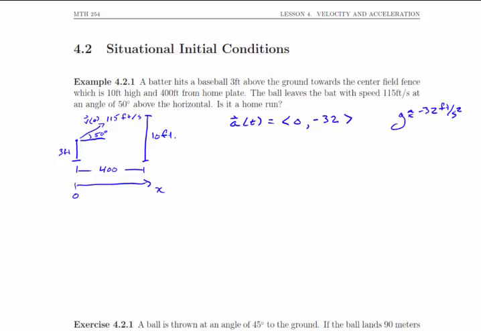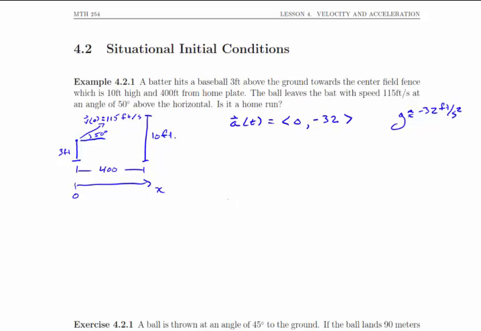But that's the only acceleration that's affecting the ball in the downward direction, and while it's not described in the problem, we should hopefully have some understanding at this point that that is a gravitational constant that we're going to use in a lot of these story problems. So this is where we start. And then from there, we can start building our velocity and our position functions using some initial conditions, like we have our initial condition for our velocity.